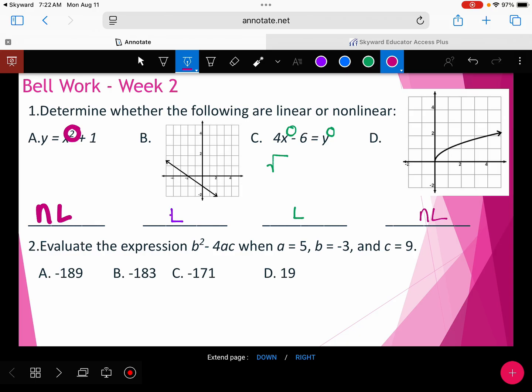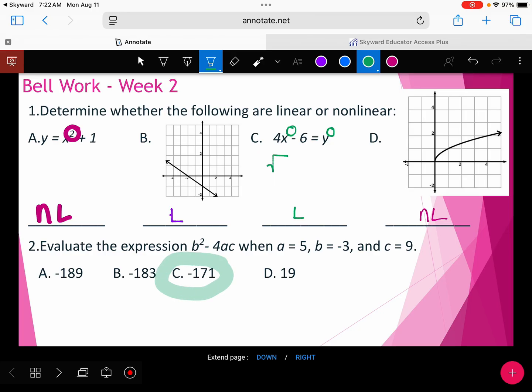And we've got our negative 3 as b, our 5 as a, and our 9 as c. What do we get when we substitute that in? What do we get? Multiple choice down here. So we should get C.